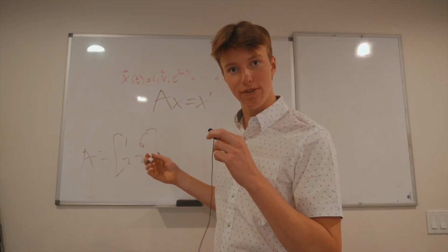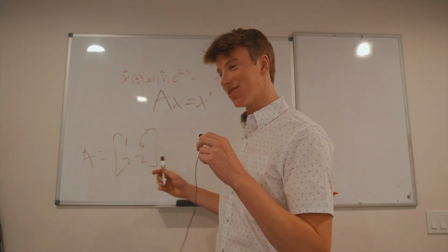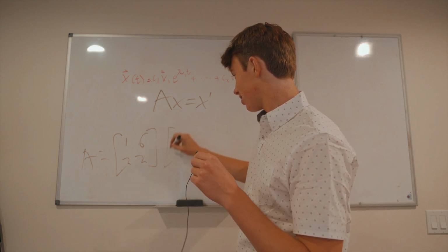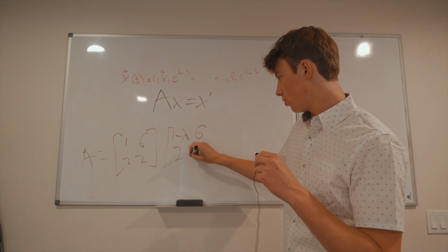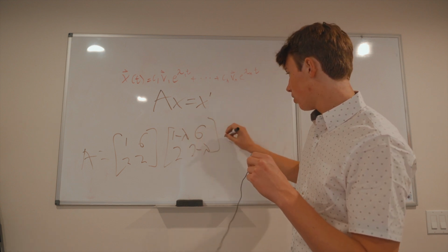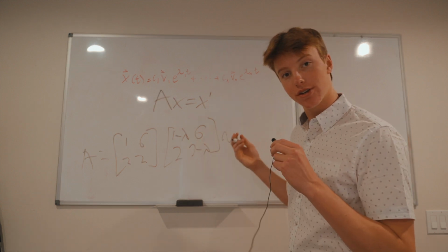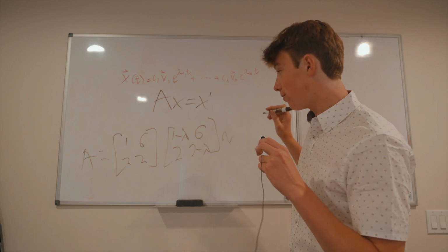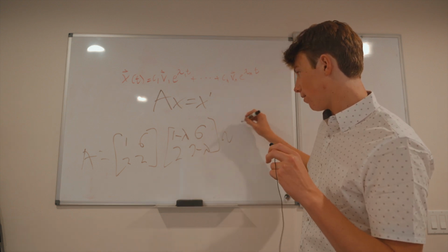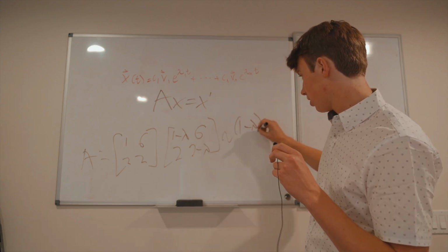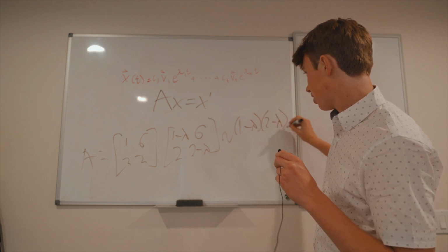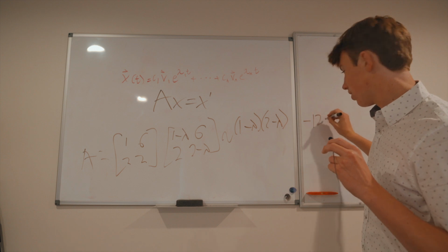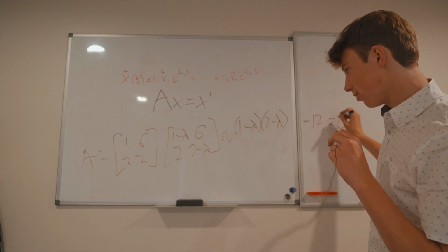Then what we have to do is find the eigenvalues, which gives us 1 minus lambda, 6, 2, 2 minus lambda. For the determinant expression, we have 1 minus lambda times 2 minus lambda minus 12 is equal to 0.